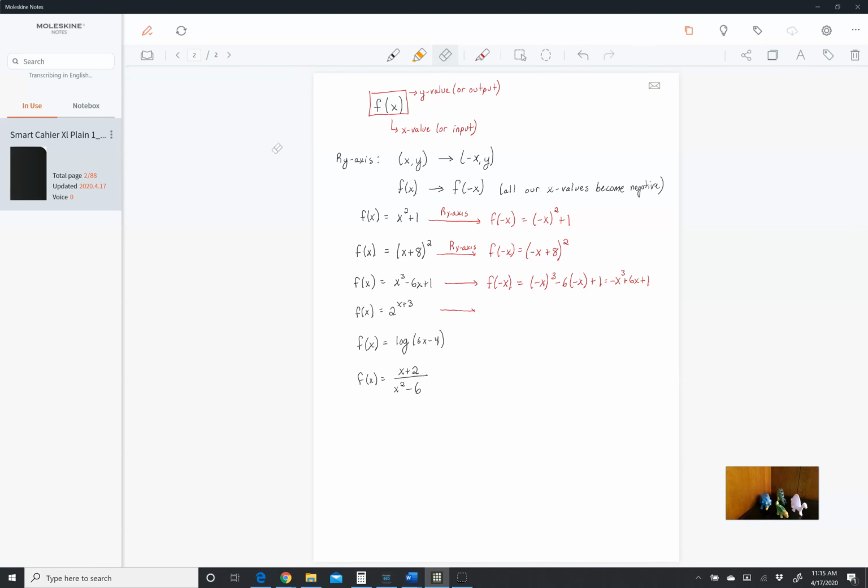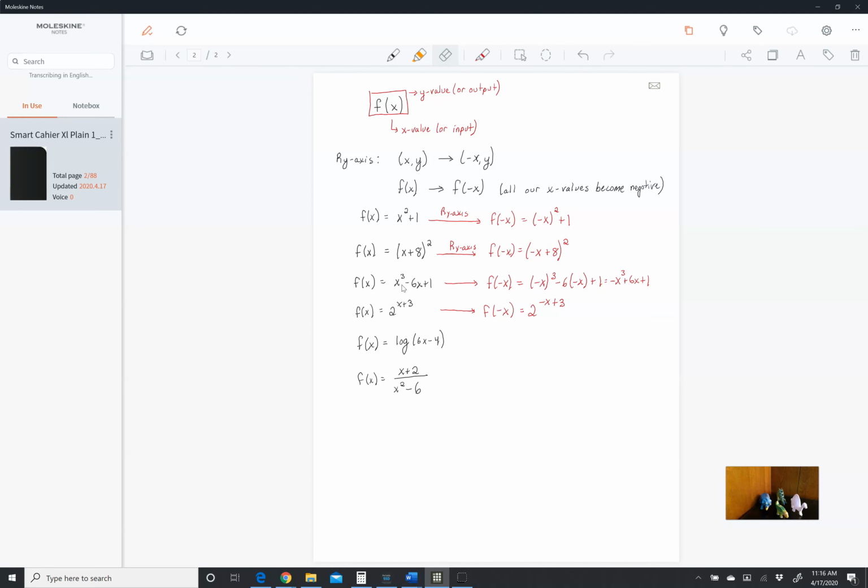For our next one, again, all we're doing is we're replacing the x with a negative x. So this x here just becomes negative, so it becomes 2 to the negative x plus 3. When do you need parentheses? That would be a typical question. You need parentheses if you're raising your x to an exponent. If you're doing something to the x, other than adding or subtracting, then you have to put parentheses around it.